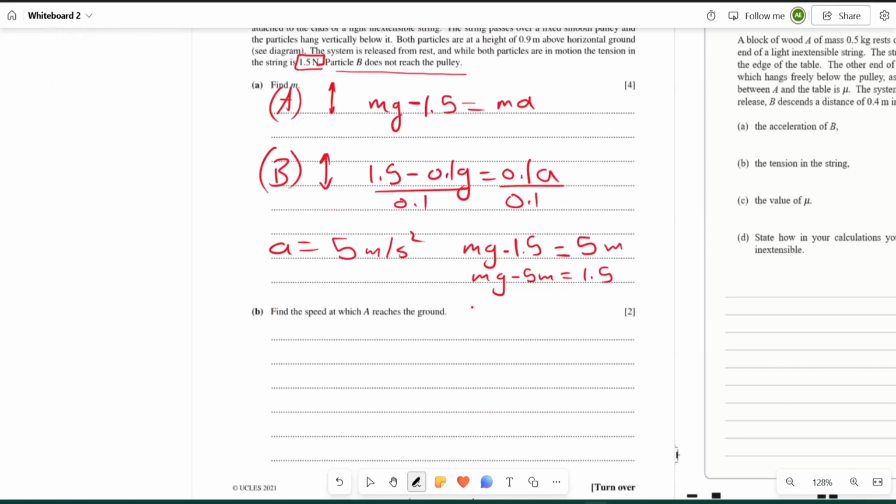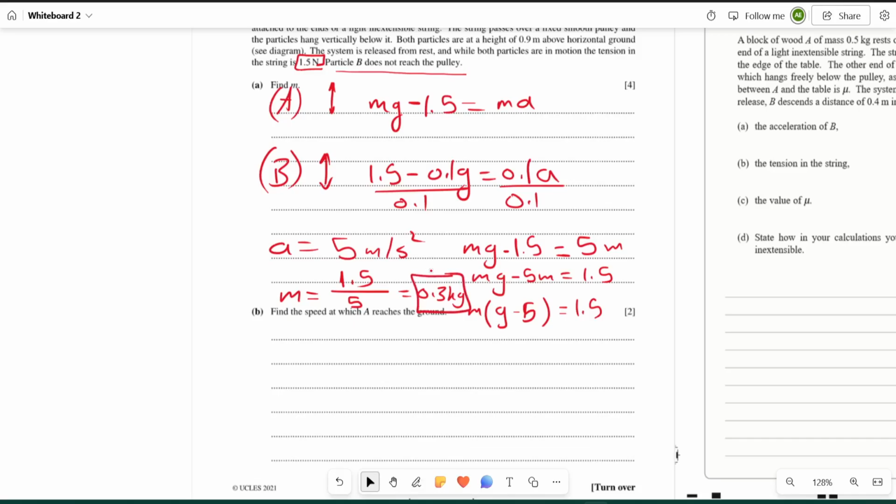I can take m common. This is going to be m times g minus 5 equals 1.5. So at the end, m is going to equal 1.5 over g minus 5, which is 10 minus 5, so 1.5 over 5. That's going to give me an answer of 0.3 kilograms. So m is 0.3 kilograms.